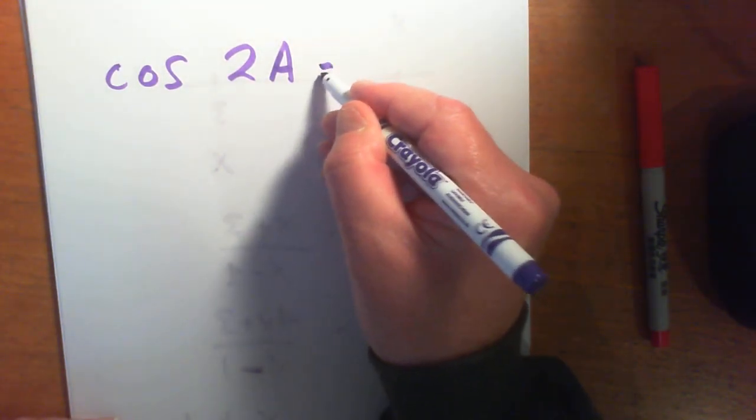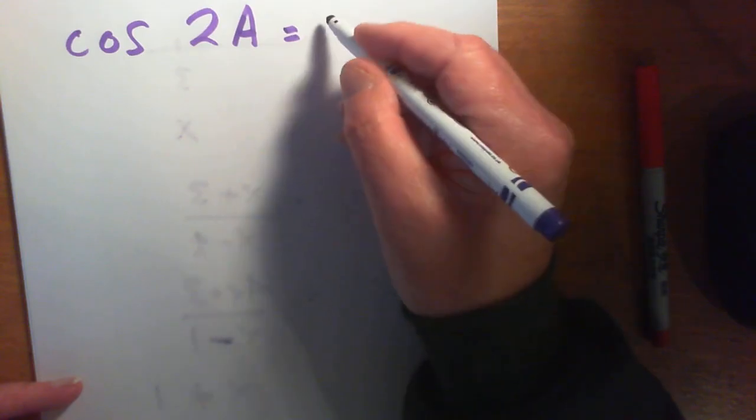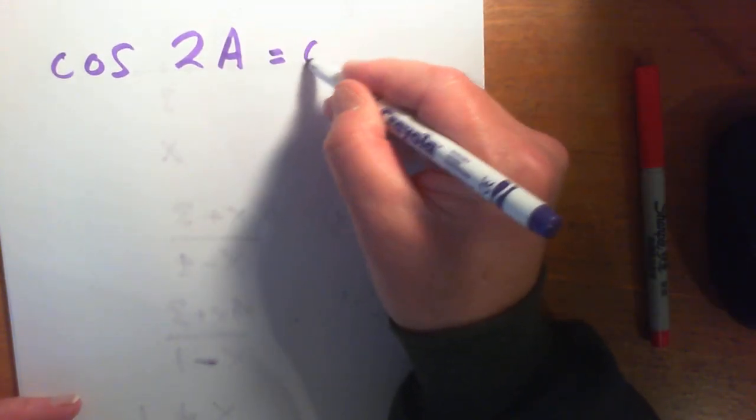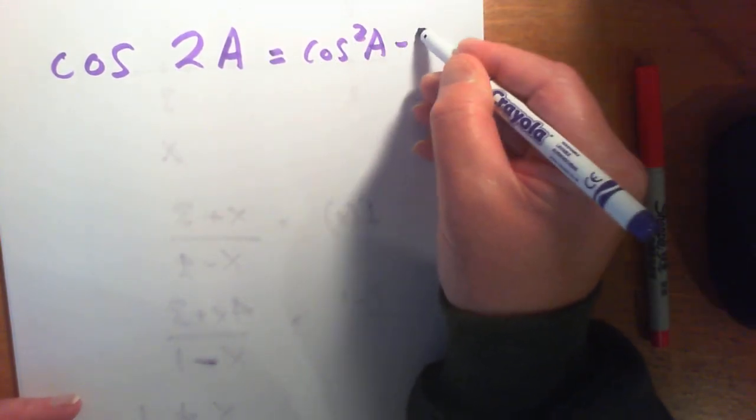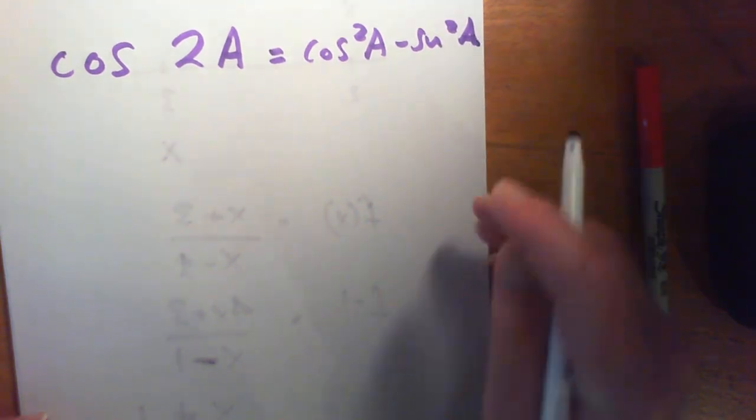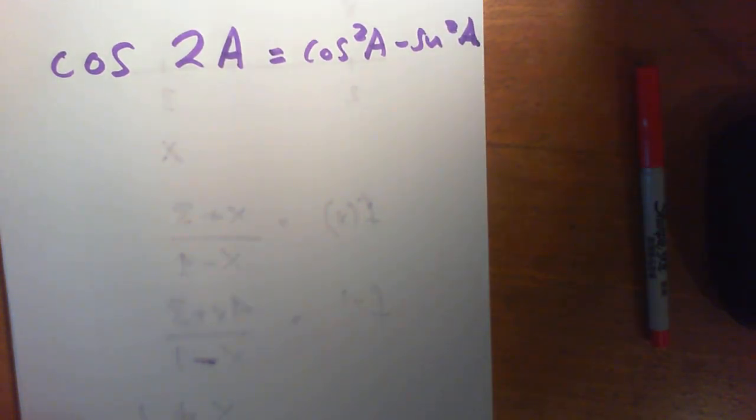What a lot of people did was go straight in equals cosine squared a minus sine squared a. Which is technically correct, but it's not really what, again, this might seem nitpicking, but that's not really what's classed as a standard identity.